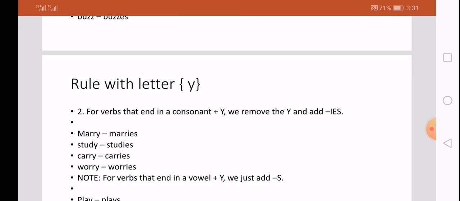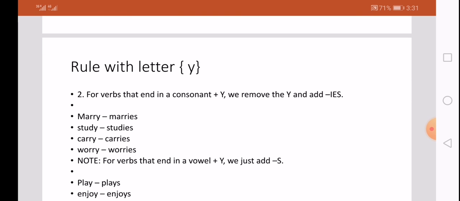So what did we do here? We remove Y and then we add IES. Study. Also, the last letter is Y, preceded by D, a consonant. So it changes to studies and so on. Carry, worry. But there is an exception here.